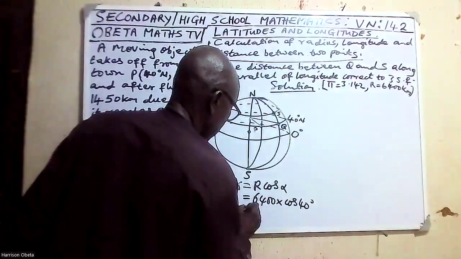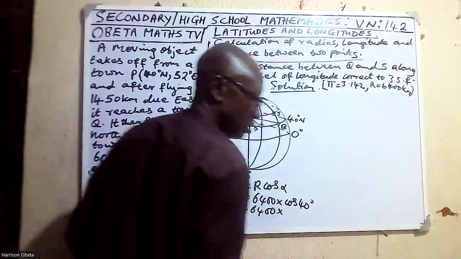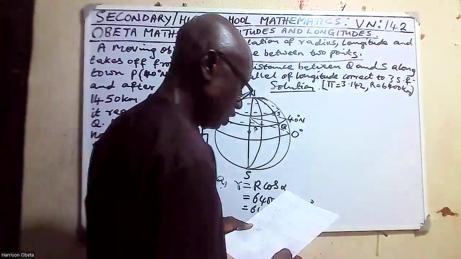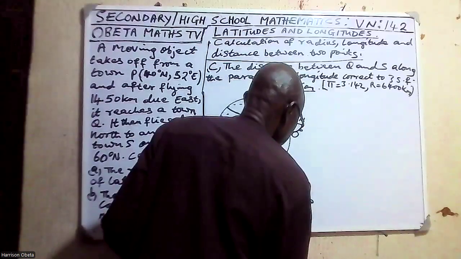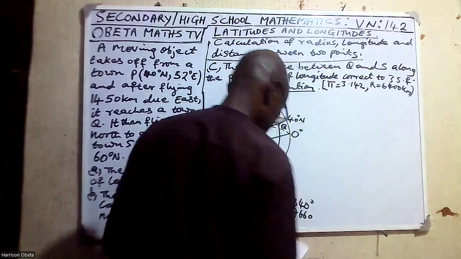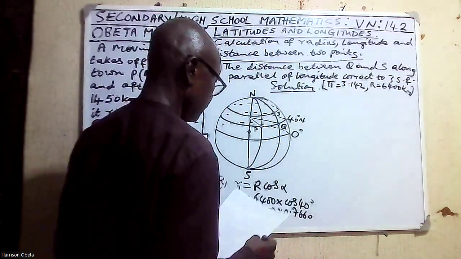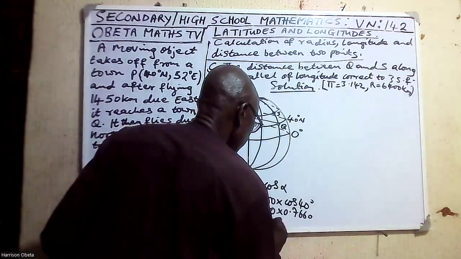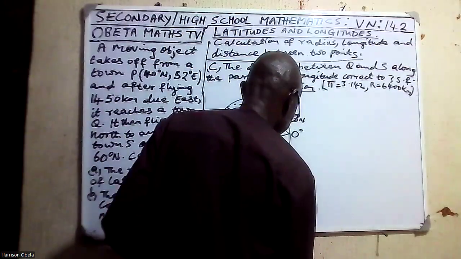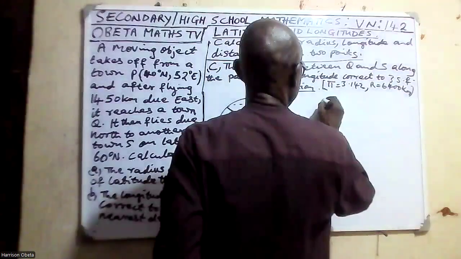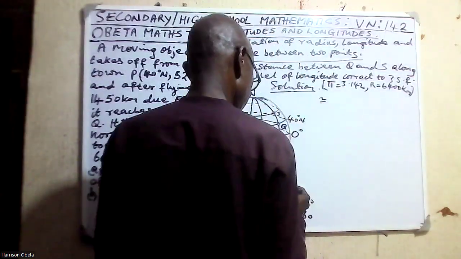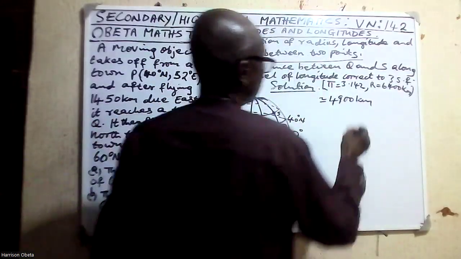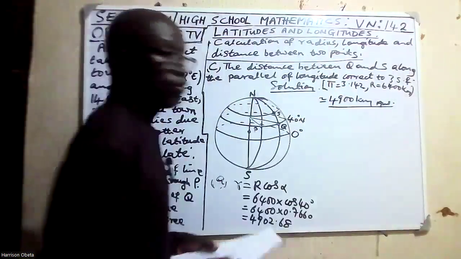So we have 6400 times, you check your calculator, 0.7660, and that will give us 4902.68, which is approximately equal to 4900 kilometers. So this is the answer to question A.